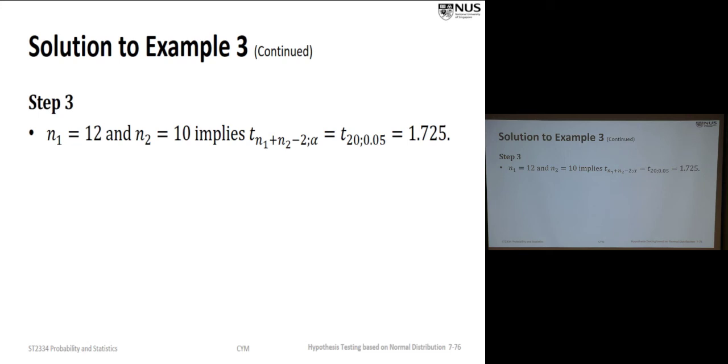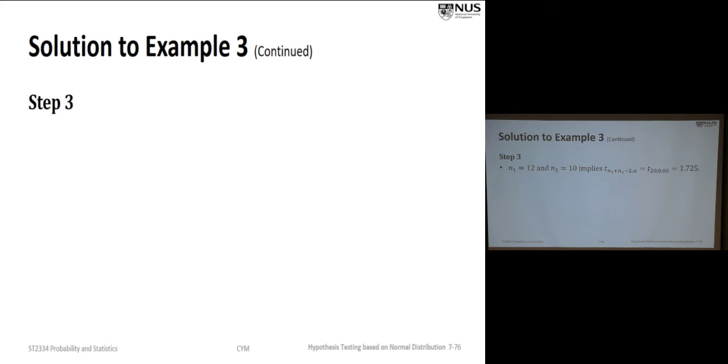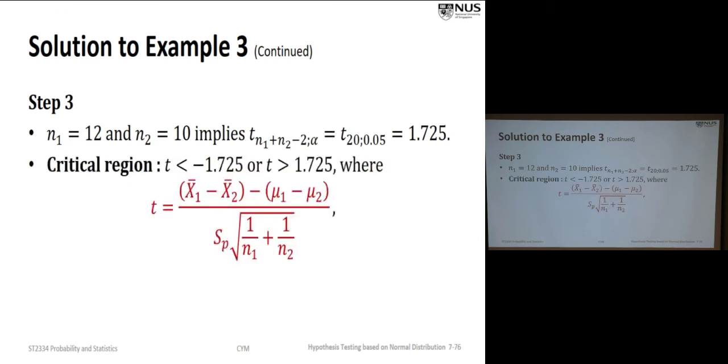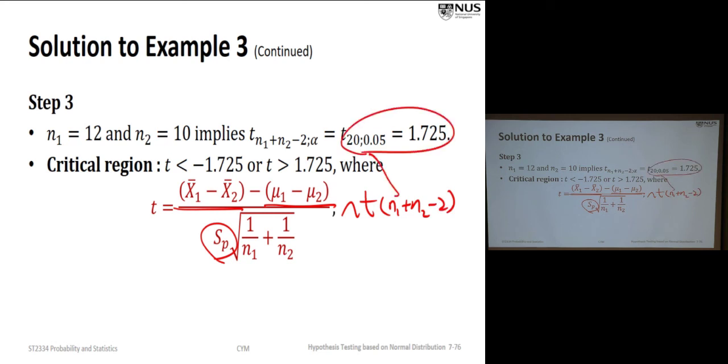So we use the T test statistic, something like this: X1 bar minus X2 bar minus mu1 minus mu2, over SP. This follows a T distribution with N1 plus N2 minus 2 degrees of freedom. That's how you arrive at these critical values.